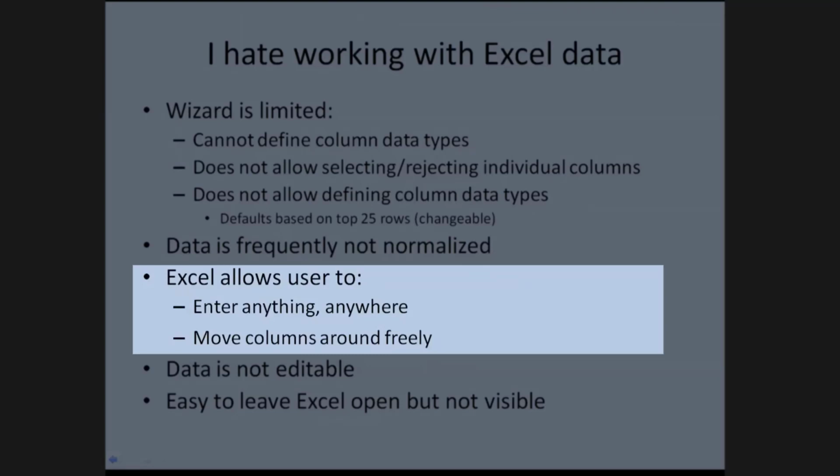But frequently, you'll have people who type into a cell, type an alphanumeric character into what should be a numeric cell, or those types of things. And then users frequently shift columns or even change column names to match what they want it to read rather than what the creator of the spreadsheet wanted them to use.